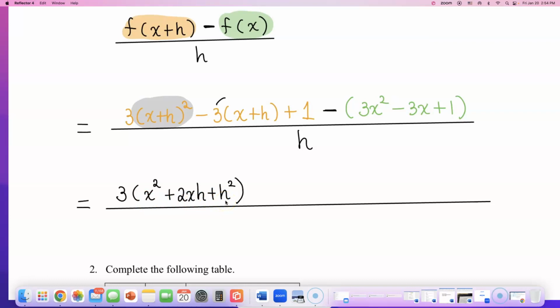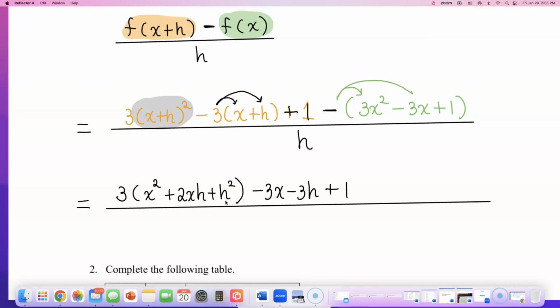Now, let me distribute this negative 3 in. That's going to be minus 3x minus 3h. Copy down this plus 1. And let's distribute this negative sign in.